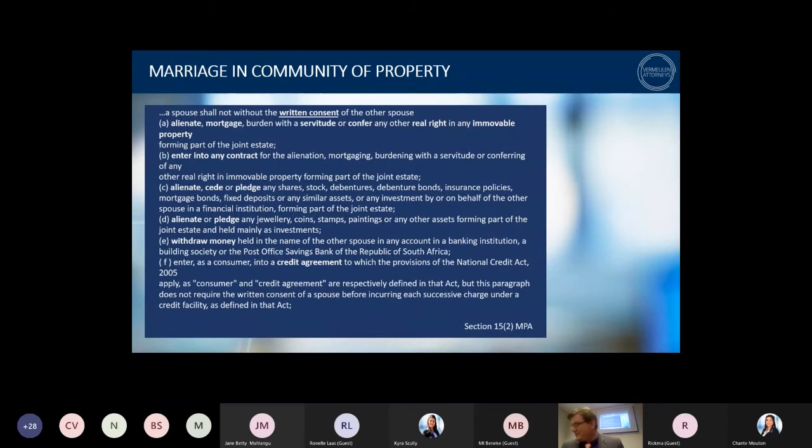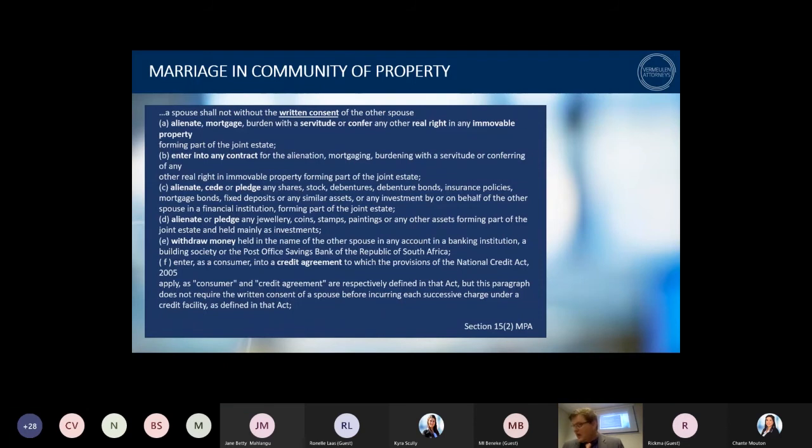I haven't seen a building society or a post office savings bank in quite some time, but the concept rings true. And then F, which is the most contentious one, you cannot enter into a credit agreement to which the provisions of the NCA apply as a consumer without the written consent of your spouse.